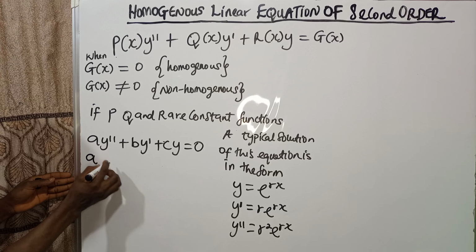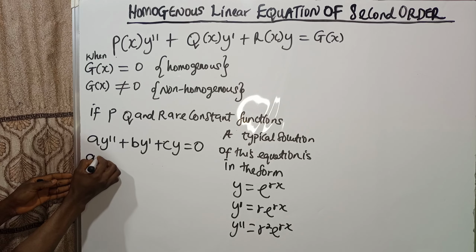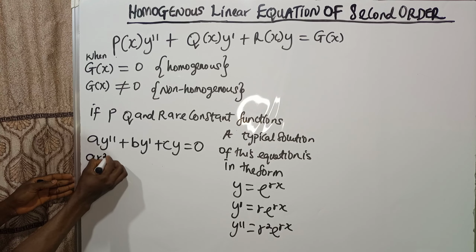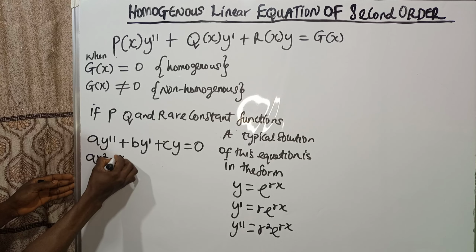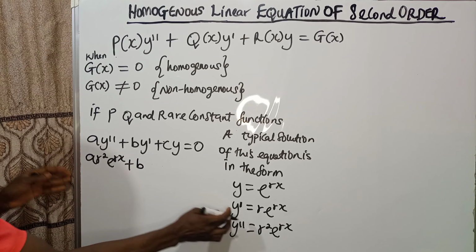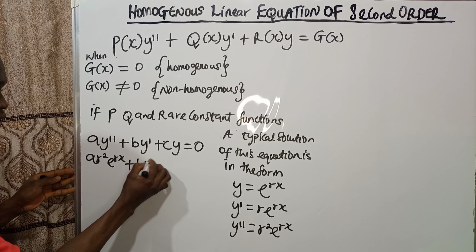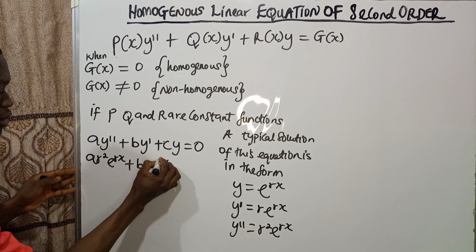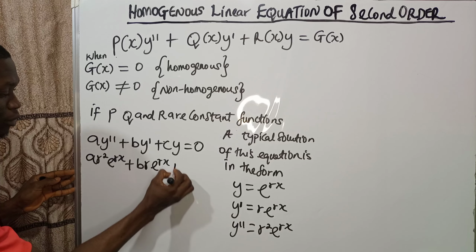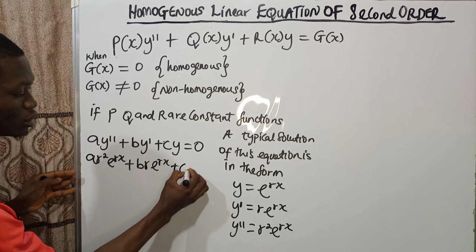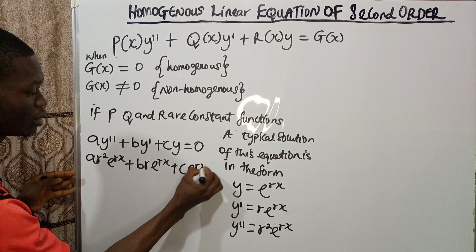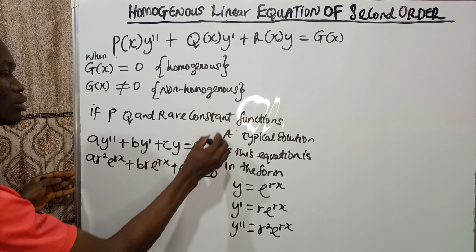So we have a times r squared exponential rx, plus b times r exponential rx, plus c times exponential rx is equal to 0.